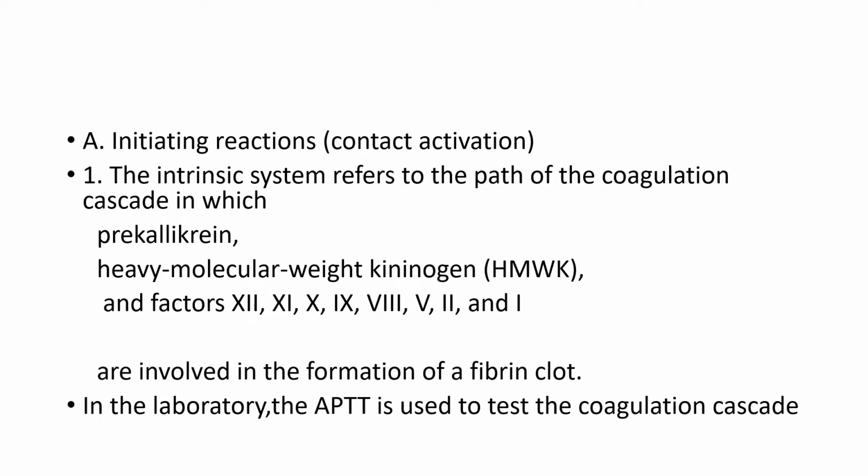So there are more substances involved in the intrinsic system compared to the extrinsic system. This is involved in the formation of fibrin clot, and we use APTT to test for this part of the cascade, the intrinsic system.